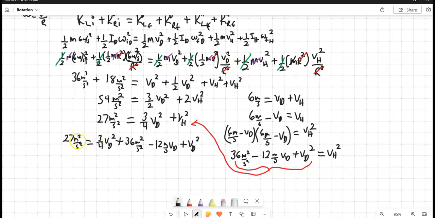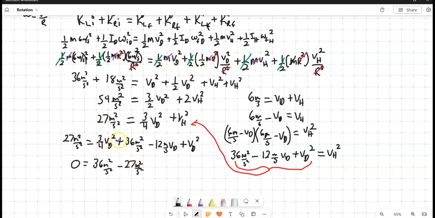Well, we're going to have to start putting some things together. What I'm going to do is subtract the 27 meters per second onto the other side. So I'm going to bring the numbers to the front: minus 27 meters squared per second squared.